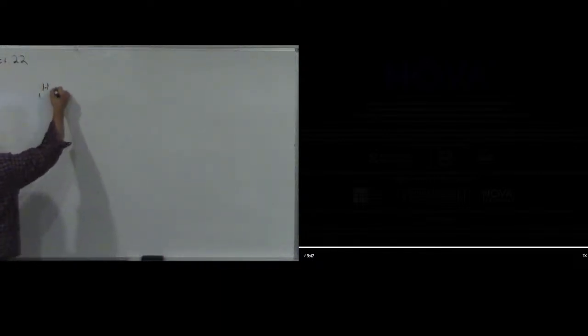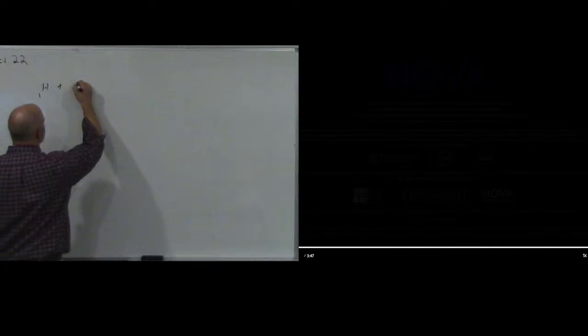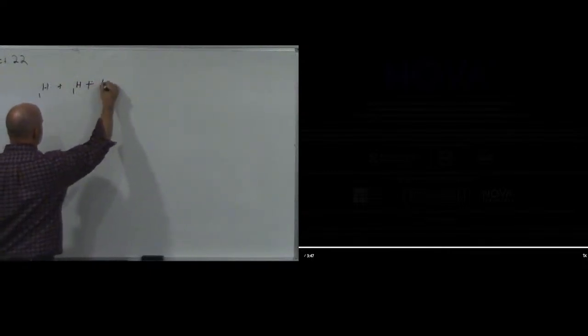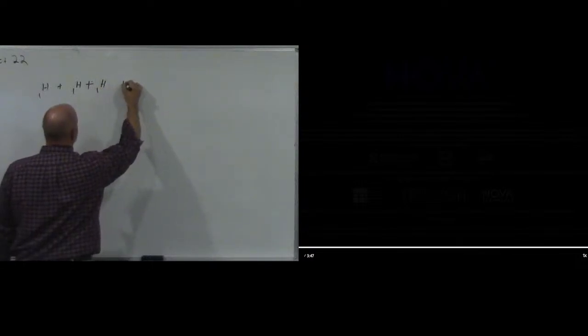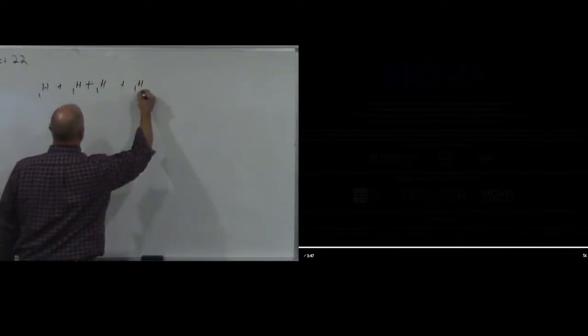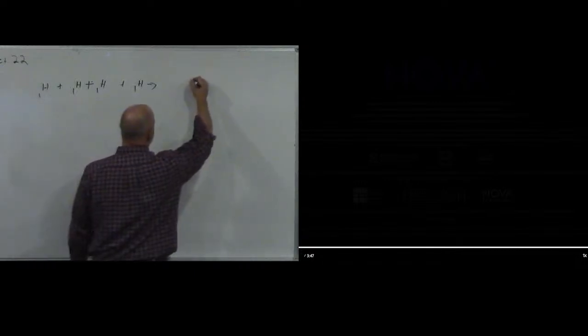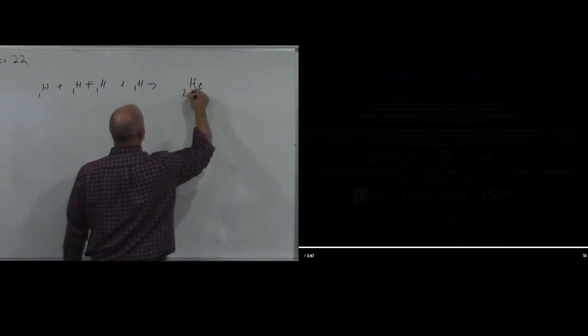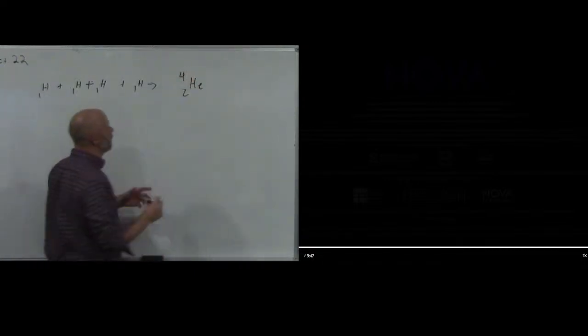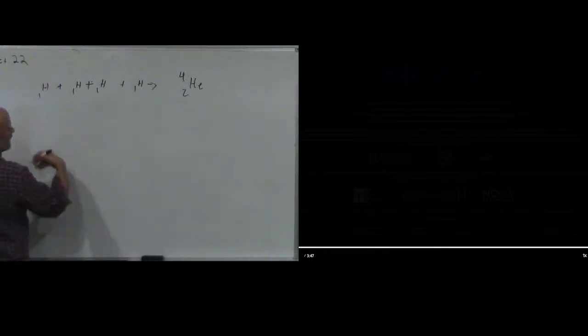Hydrogen 1 plus hydrogen 1 plus hydrogen 1 plus hydrogen 1 gives me helium. Atomic number 2, atomic mass of 4. That's a helium nucleus.